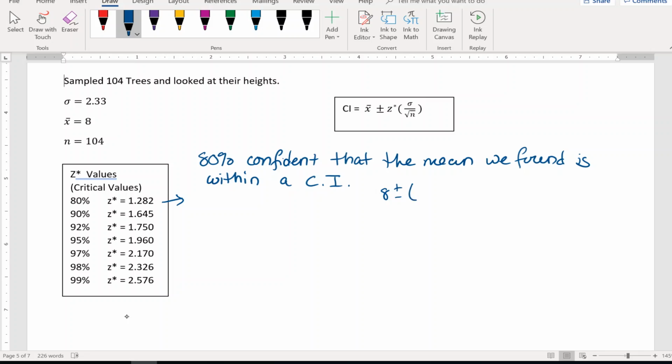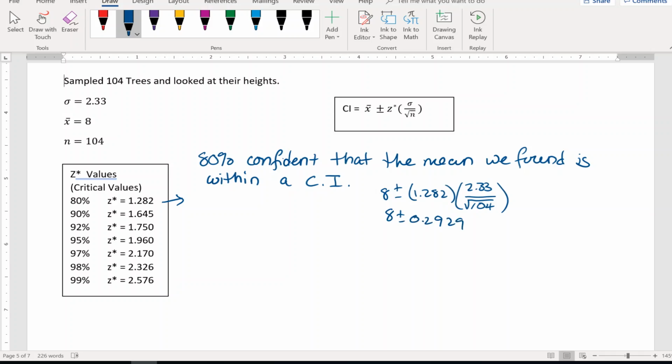Now in this case, we're going to use this Z-score of 1.282. And we're going to multiply that by our standard deviation of 2.33 divided by the square root of 104. So this gives us 8 plus or minus 0.2929.